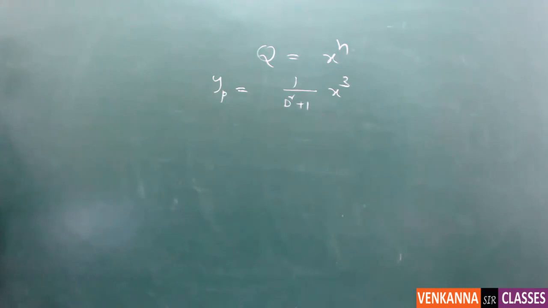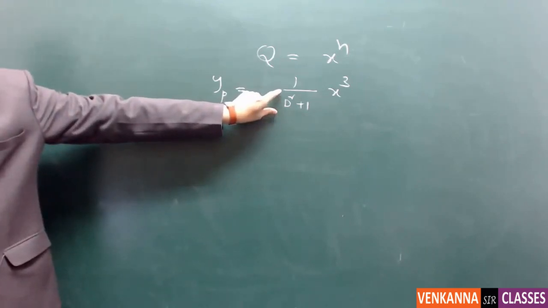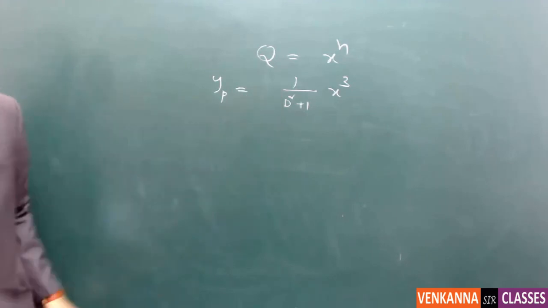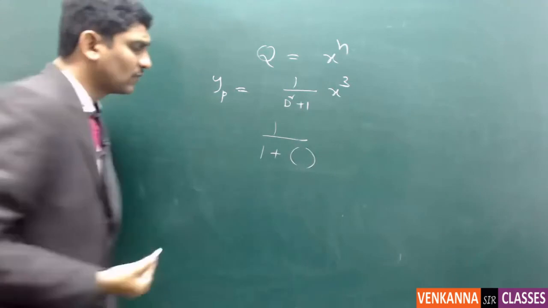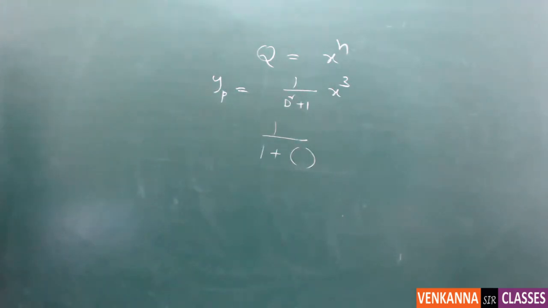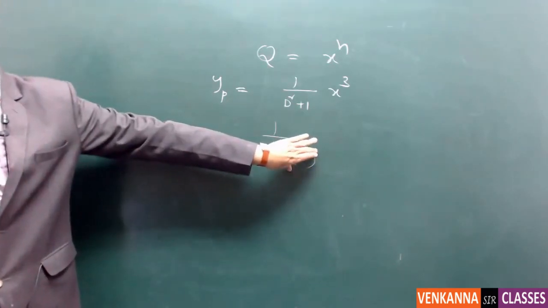So take that 1 by d square plus 1 of x cube. Now, always we write the denominator as the form of 1 plus something. Now what happens? This something part will be taken as x.